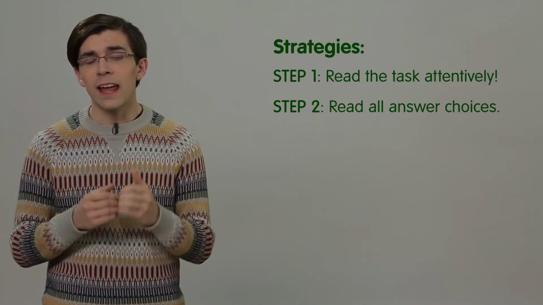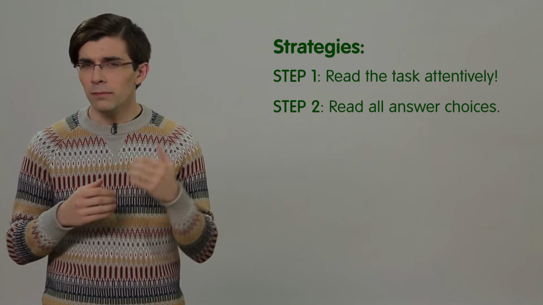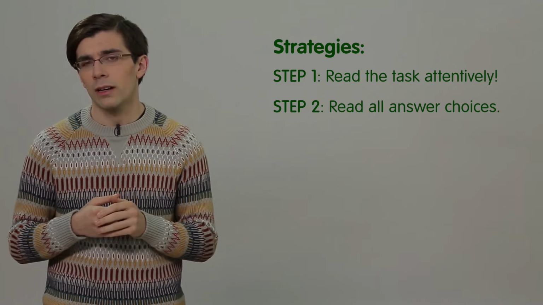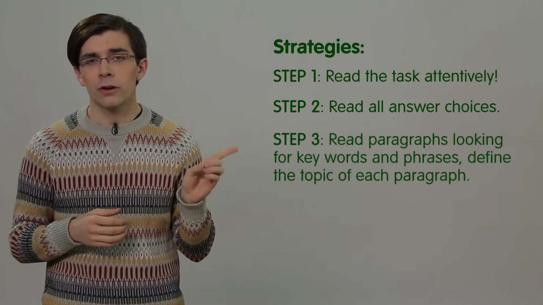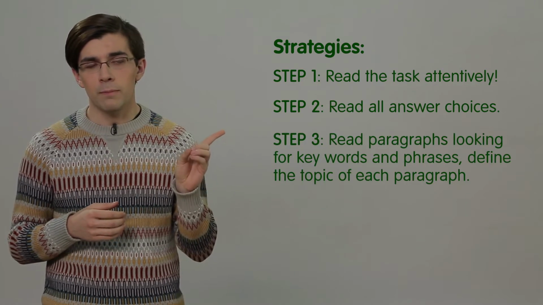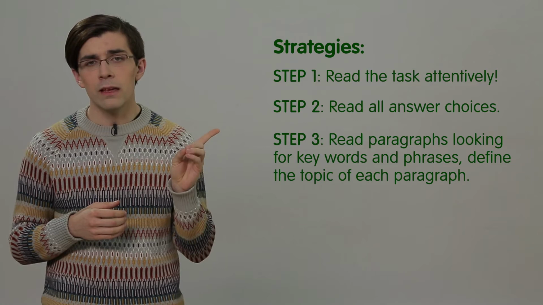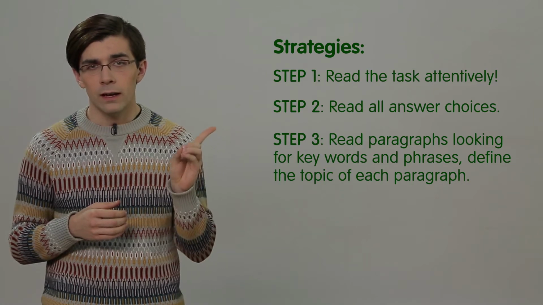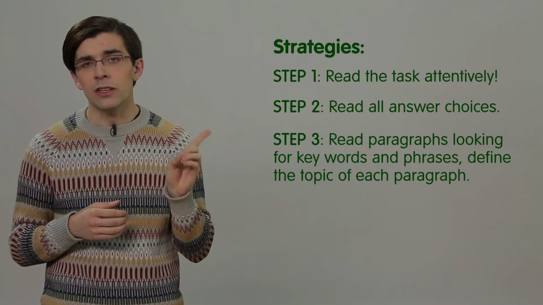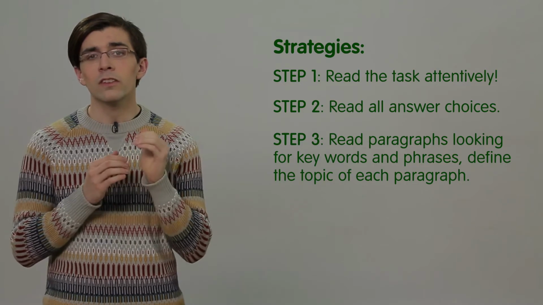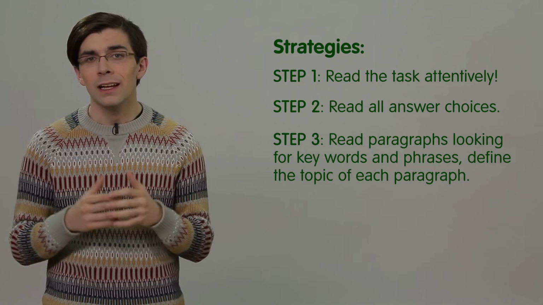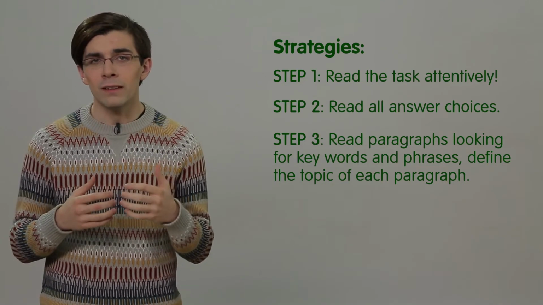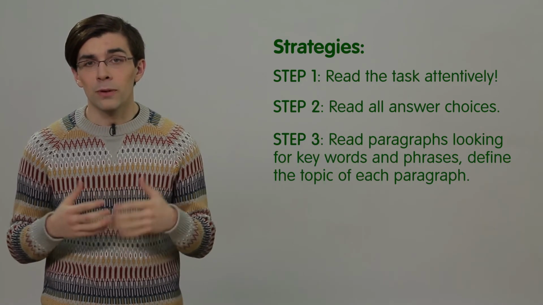So here, reading the answers first makes you do a little bit less work during the actual reading. Now, the third thing that you're going to want to do is read the paragraphs, looking for key words and phrases, and define the topic of each paragraph. Knowing what each paragraph discusses is going to give you the information you need to match it to the appropriate headline.